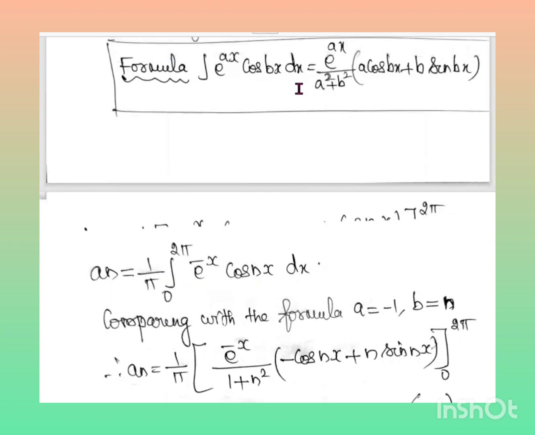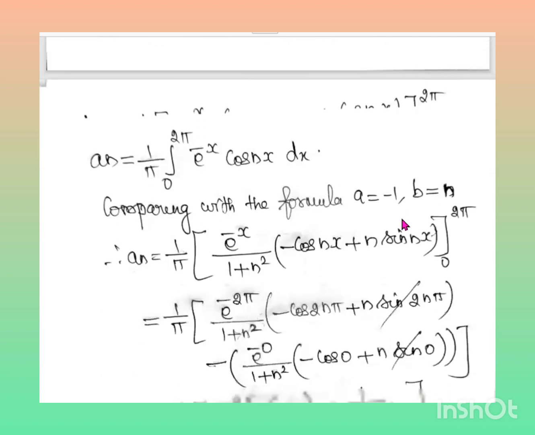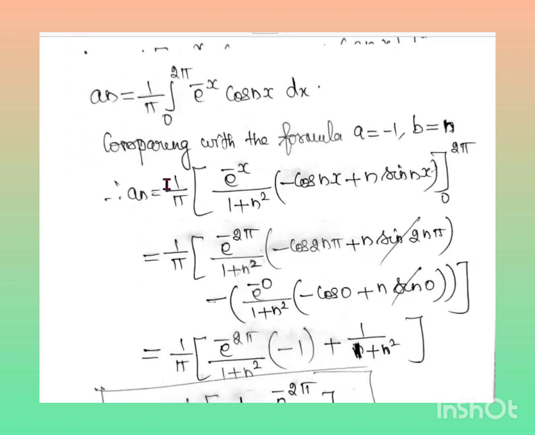Comparing with the formula, a here is minus 1, b here is n. So an = (1/π) e^(-x) divided by (1 + n²) into (−cos nx + n sin nx), limit is 0 to 2π.